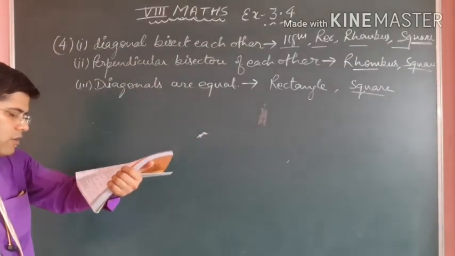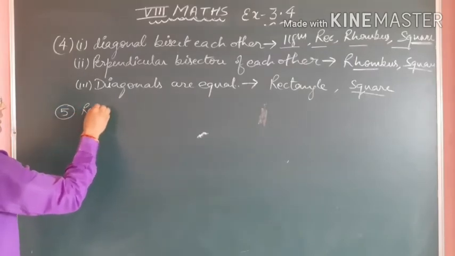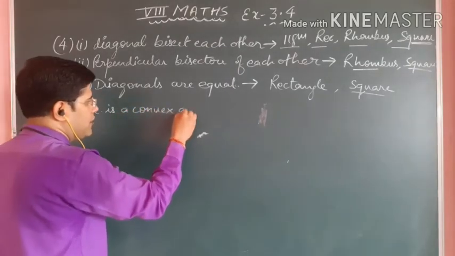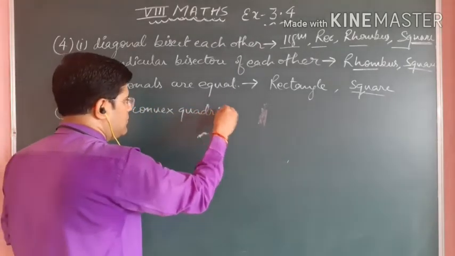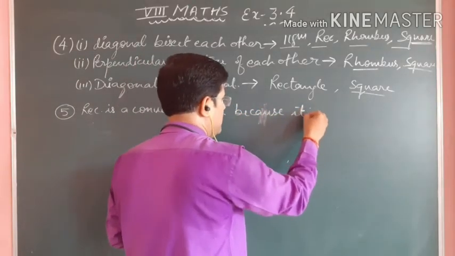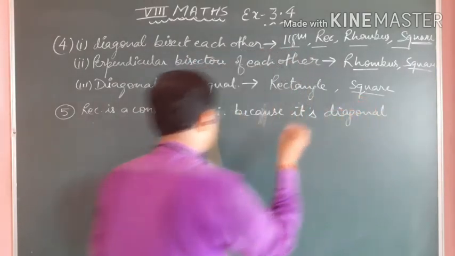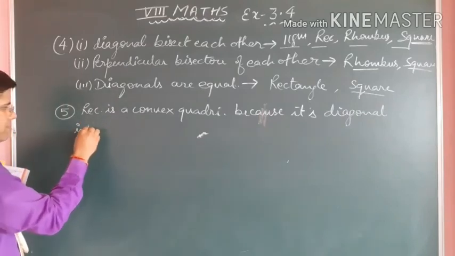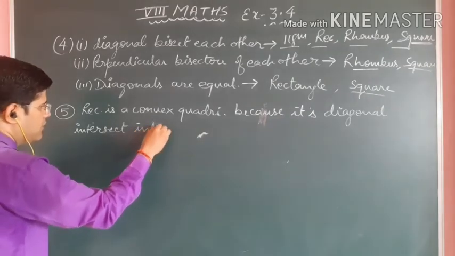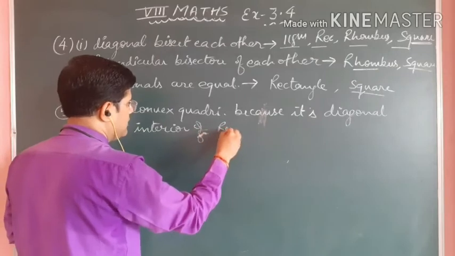Why is a rectangle a convex quadrilateral? A rectangle is a convex quadrilateral because its diagonals intersect inside the interior of the rectangle.